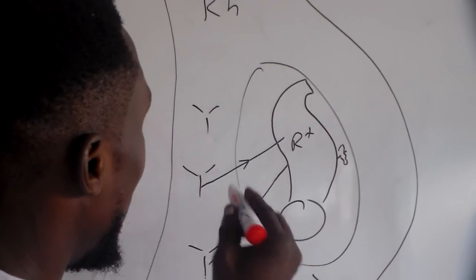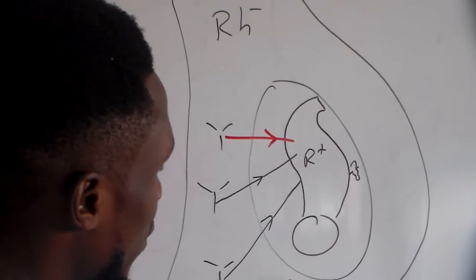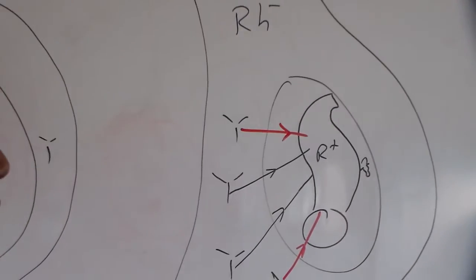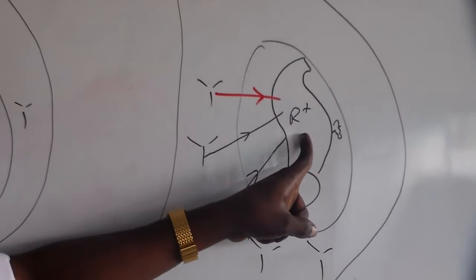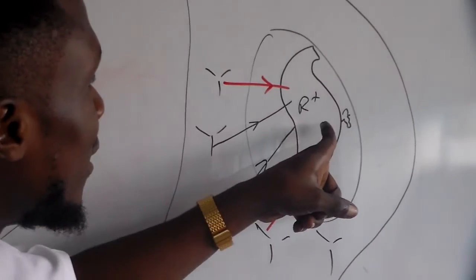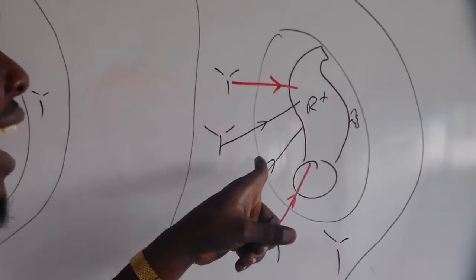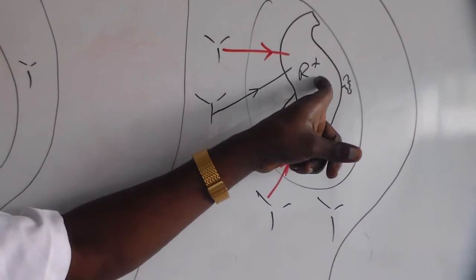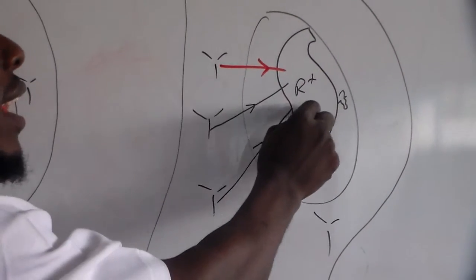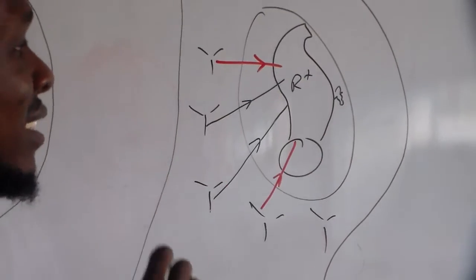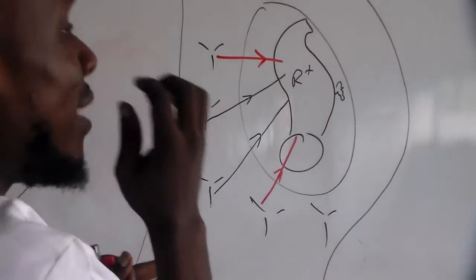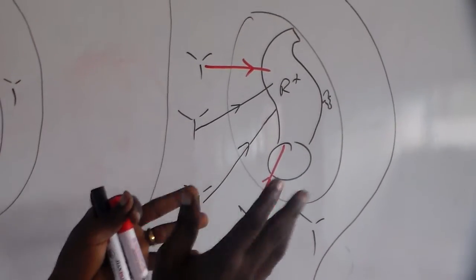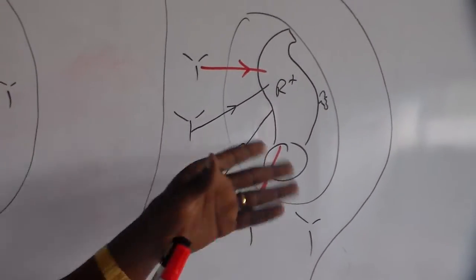As they get into the circulation of the fetus, these IgG antibodies, as a result of the rhesus antigen, begin to agglutinate the red blood cells and hemolysis takes place. They kill the red blood cells; hemolysis is the destruction of the red blood cells.